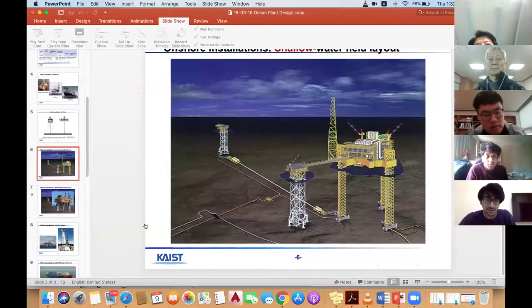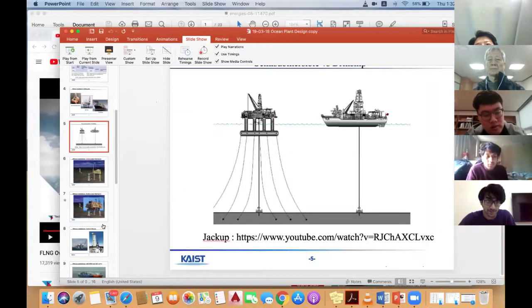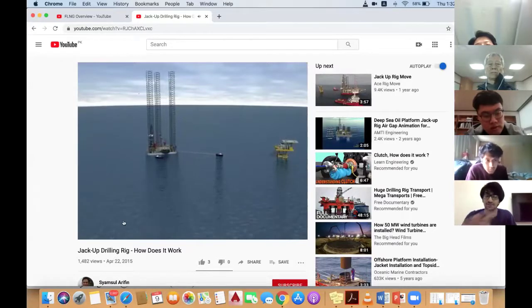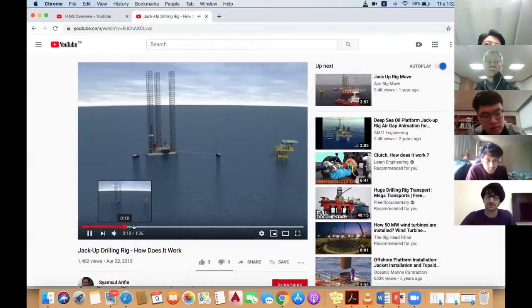So these are the jackup drilling units. You can see there are small boats which first bring them to the reservoir location. These are for moving the whole platform.